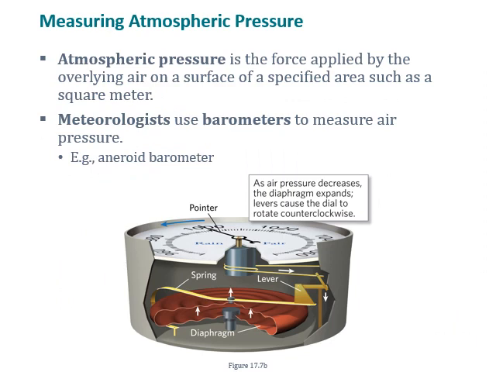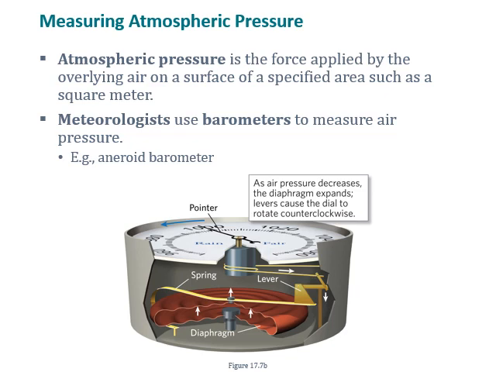Atmospheric pressure is the force applied by an overlying air mass on a surface of a specified area, such as a square meter. The figure below shows a barometer, which is used to measure air pressure by meteorologists.